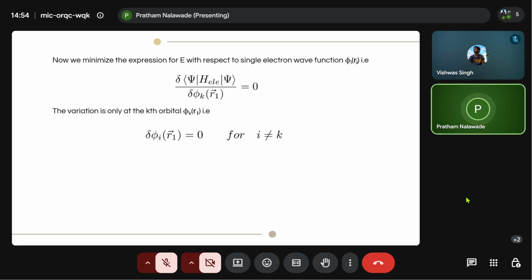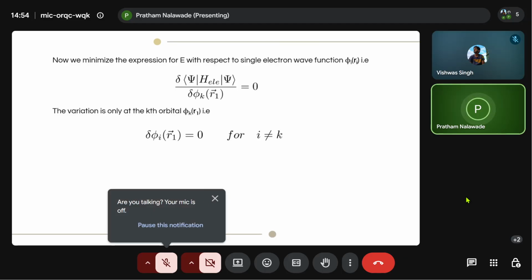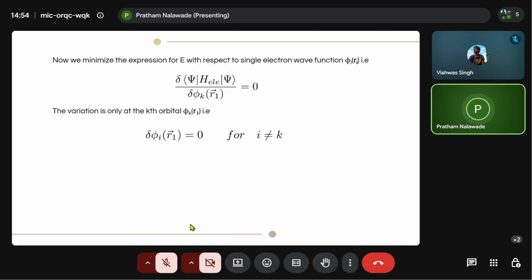That is what it means that delta phi i of r1 equals 0 for i not equal to k. So for the kth orbital is what I am varying, which you can see in the first equation. But the rest of them are not changed. So I vary one orbital, after that I vary the second orbital, and so on, one at a time.